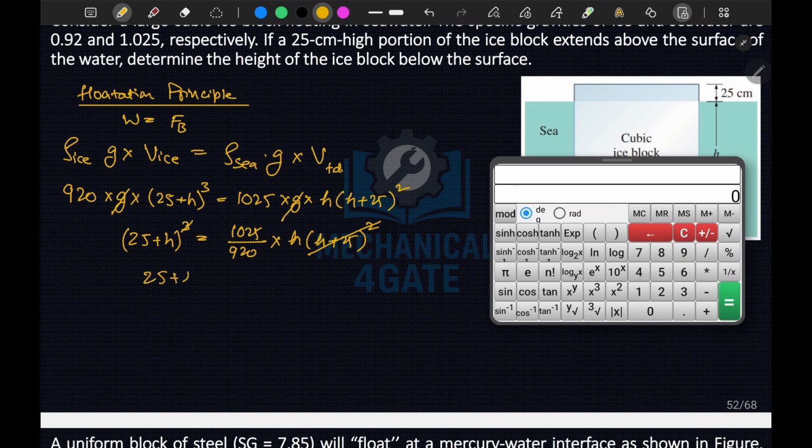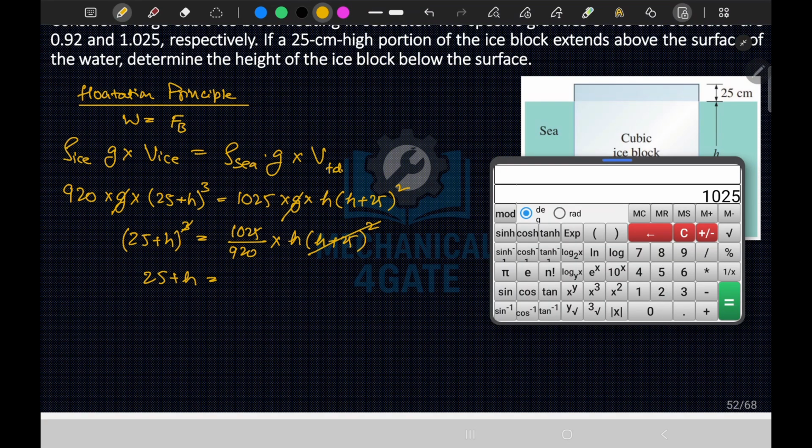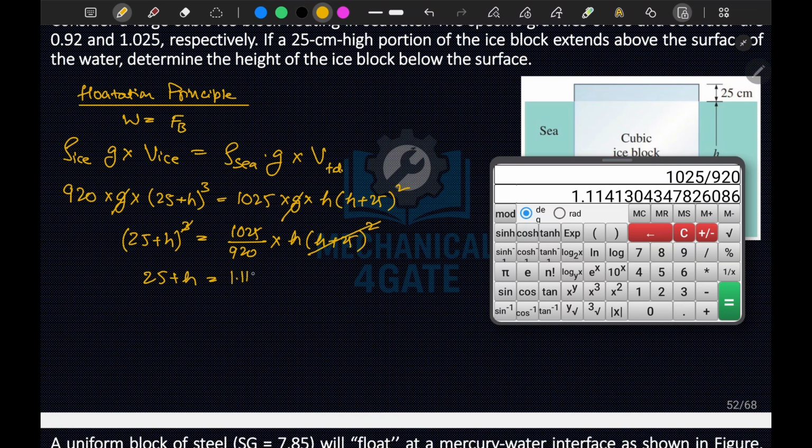So 25 plus h is equal to 1025 divided by 920, which is equal to 1.114 times h.